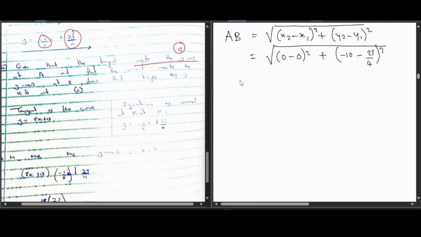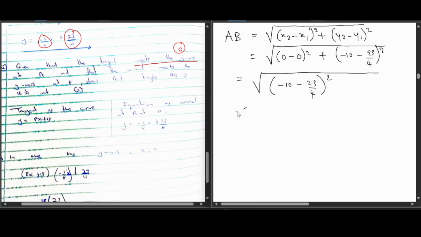So it's equal to 0 minus 0 squared, which is 0. So here we have minus 10 minus 25 over 4, everything squared. So let us solve what is inside the brackets.